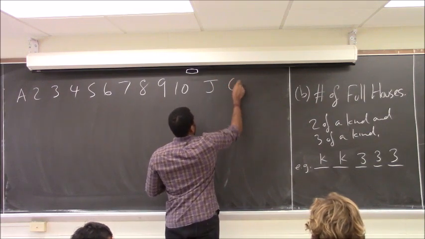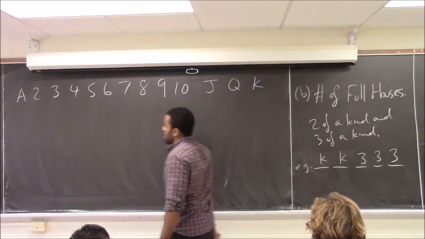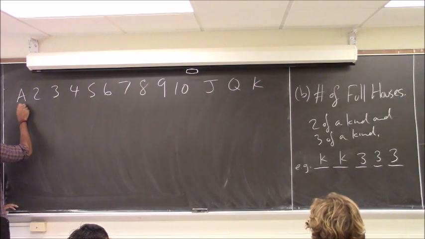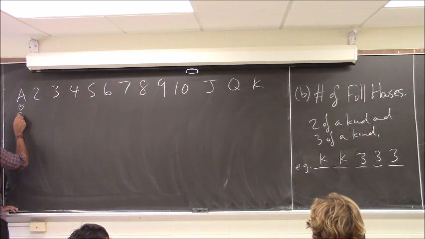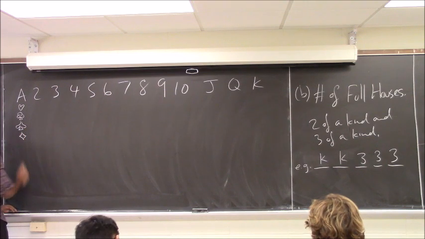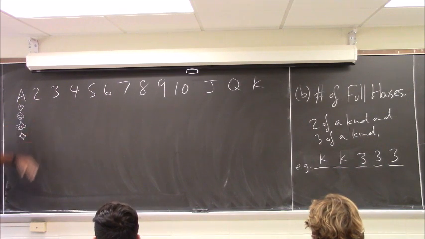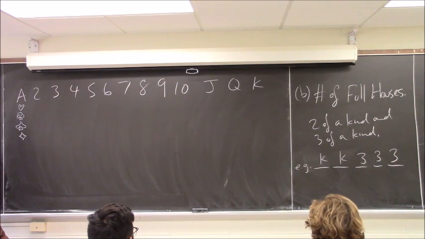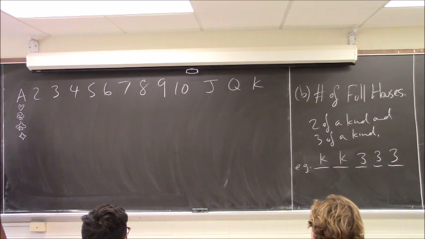Jack, Queen, King. So there are 13 kinds, each has 4 suits. So you could be a heart, or you could be a club, or you could be a spade, or you could be diamonds. And you have 4 in each of these, so that gave you 52 total cards, not counting the joker. So, now we ended up with the situation.